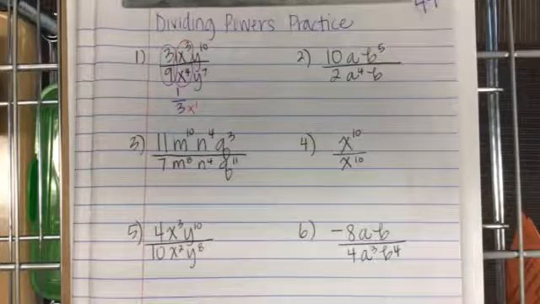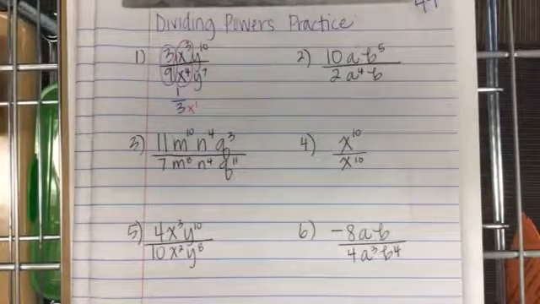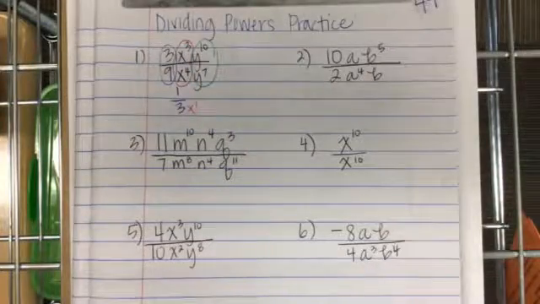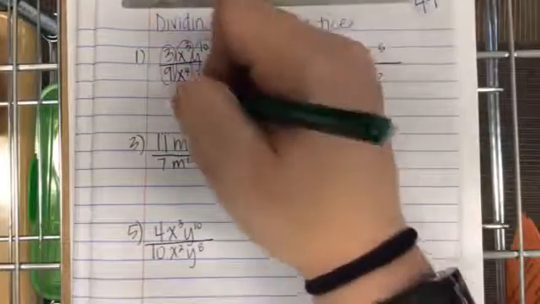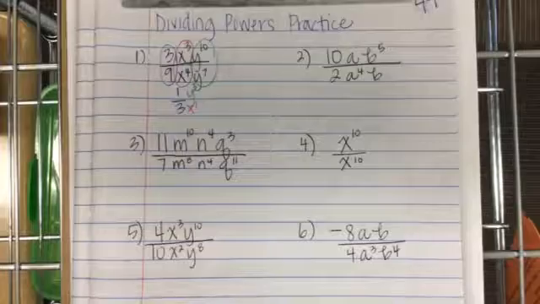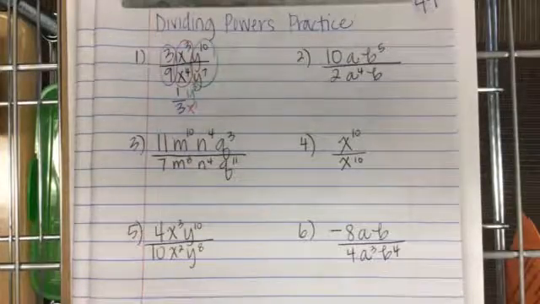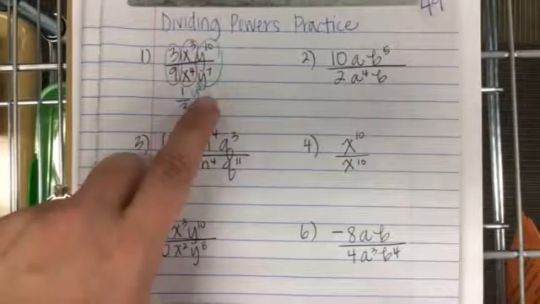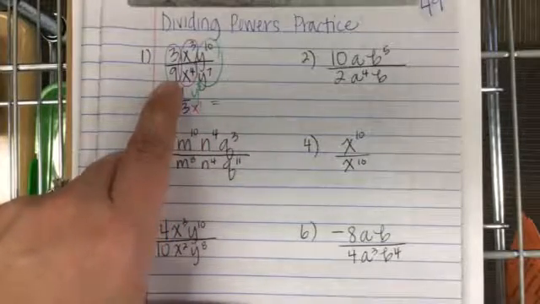Then I move on to y to the 10th divided by y to the 7th. So I subtract. 10 minus 7 is 3. So it goes on top. That's my answer. I mean, yes, if you got this in a book, ones don't really have to be listed unless it's like the number 11, right?